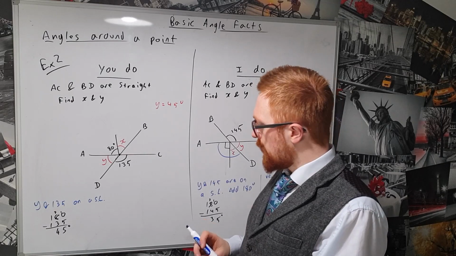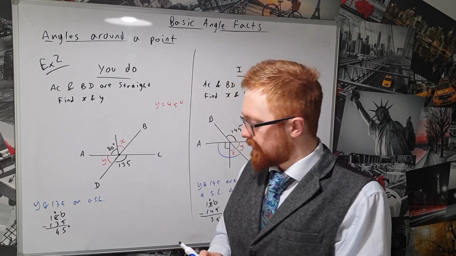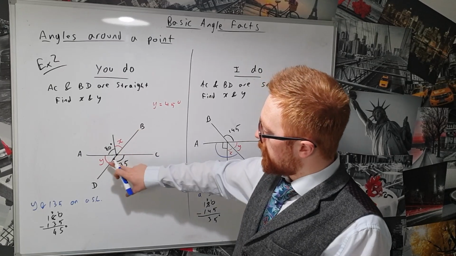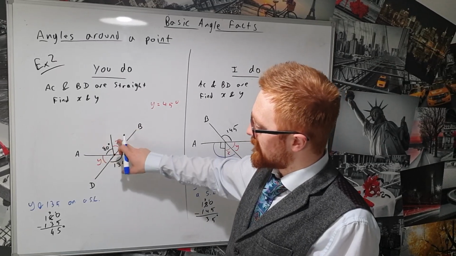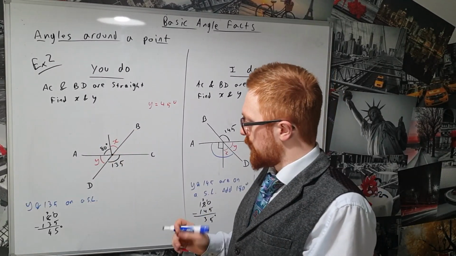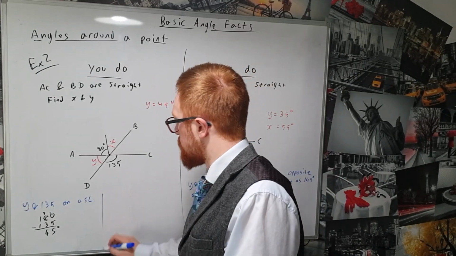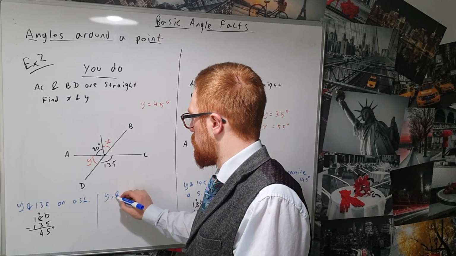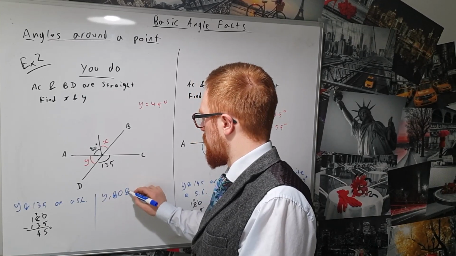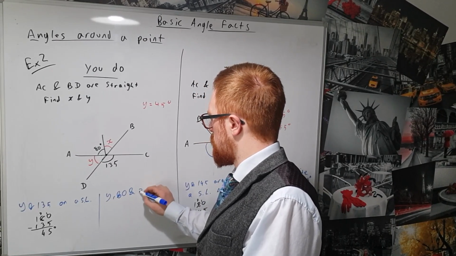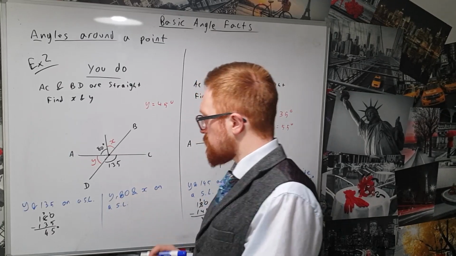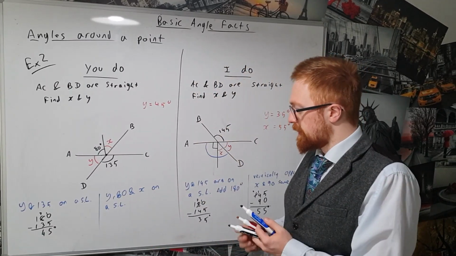Okay, and then we'll do this slightly differently this time. If you look at DB, we've got this y, this 80, and this x all on a straight line. So to find x, we'll use the fact that y, 80, and x are on a straight line. So they have to add up to 180 as well.